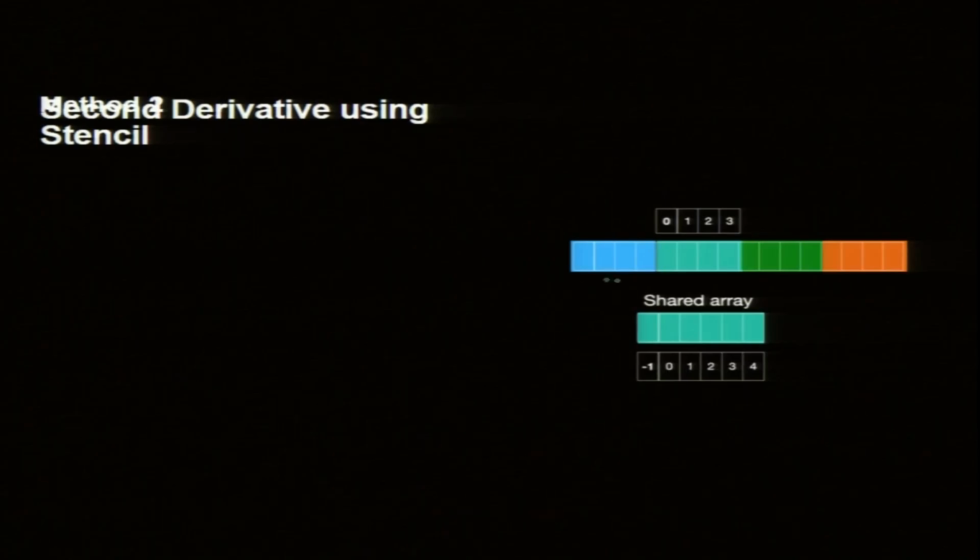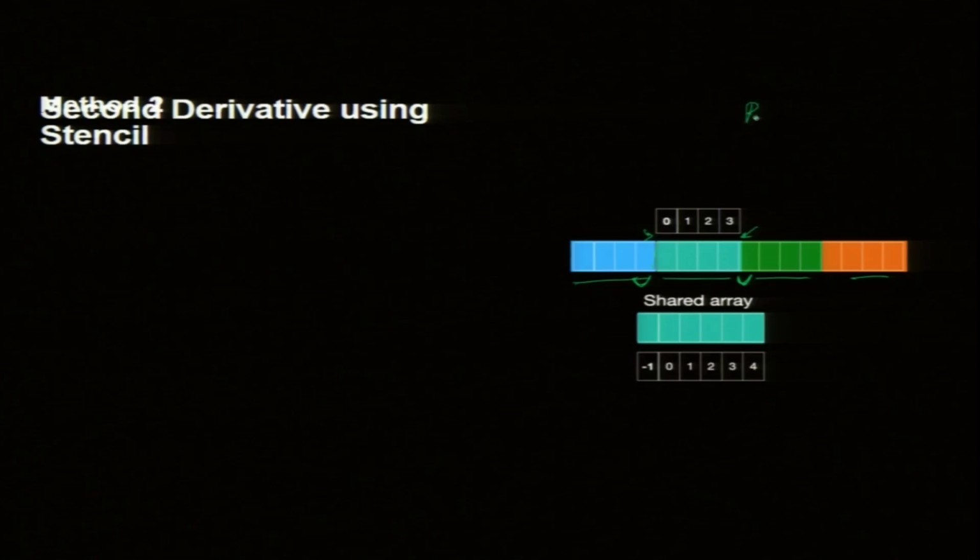So, this is my array, I divide it in 4 blocks, and let us think of block 1, this block. For illustration I keep only 4 numbers. Now, the shared array, you may think, okay, I need only 4 numbers, but that is not true. I need 6 numbers. Why 6? Because I need one on the right and one on the left as well. So, these are the numbers which are added.